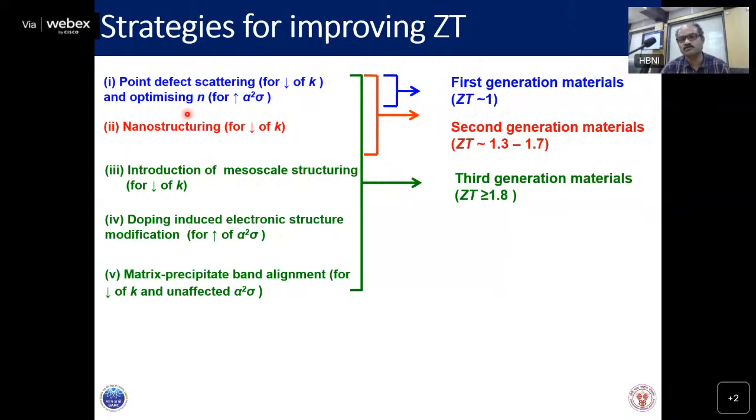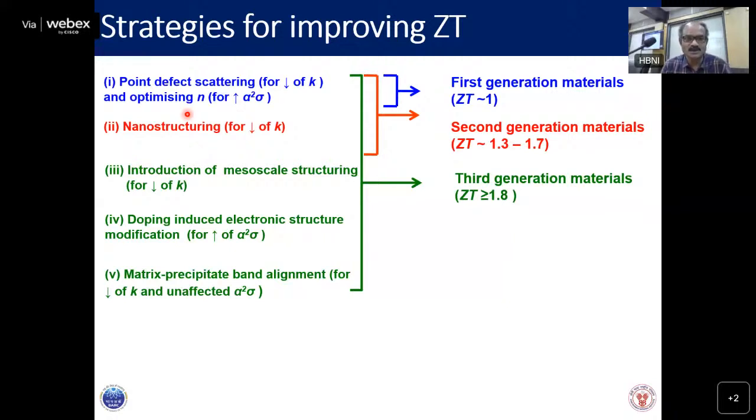So carrier concentration you can change, and then you add the point defects inside the material matrix. This was done initially in the first generation materials. Then after some time, a lot of research was done on nanostructuring.